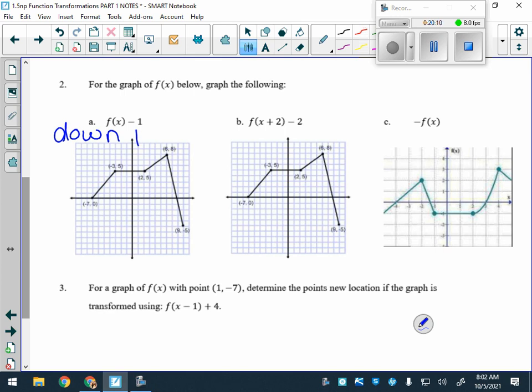So -7, 0 is now -7, -1. -3, 5 will now become what? -3, 4. Good. I'm just going to connect. 2, 5 is now 2, 4. 6, 8 is 6, 7.